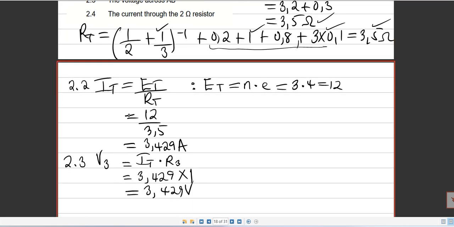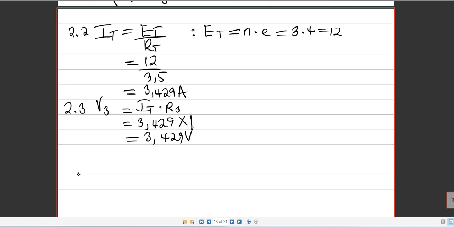So for our voltage drop across that circuit, voltage equals total current times the resistance in the parallel circuit. We may also call this V parallel.